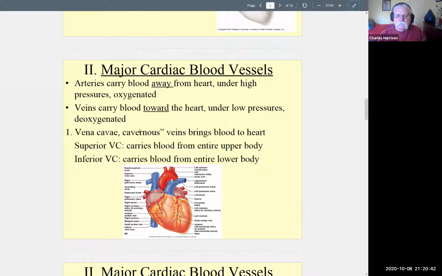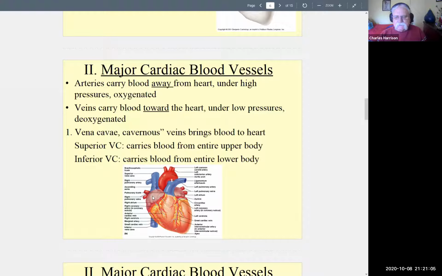The venae cavae, the plural with an E on the end here. I'm used to, and you are too, seeing vena cava. But the venae cavae bring blood back to the heart. Here's the superior vena cava. Here's the inferior vena cava. They're both coming back.